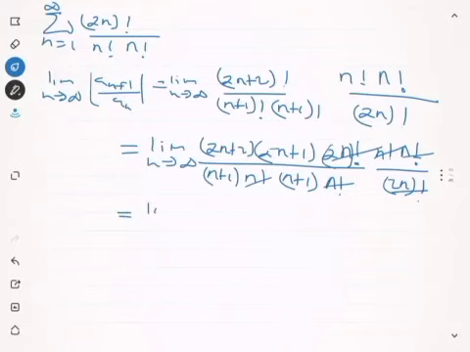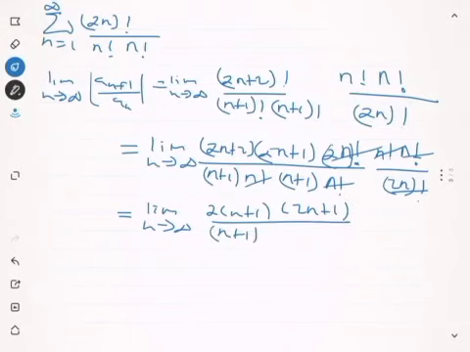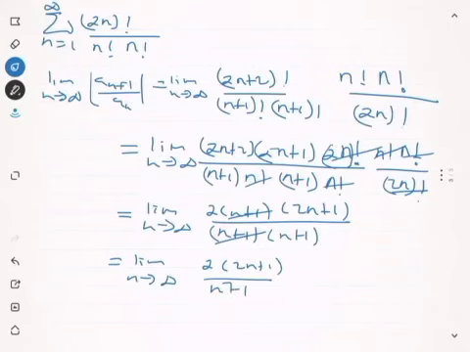Alright, so then we get the limit as n approaches infinity of 2n plus 1. You can factor out a 2 from there, and then 2n plus 1, like this, n plus 1 times n plus 1. This cancels with that. So we get the limit as n approaches infinity of 2 times 2n plus 1, like this, divided by n plus 1.